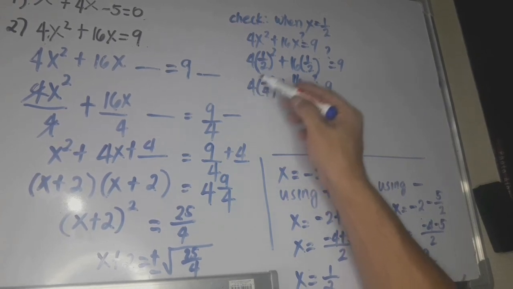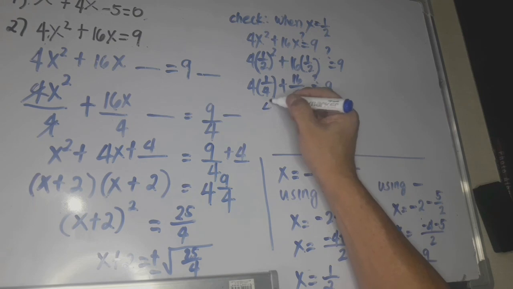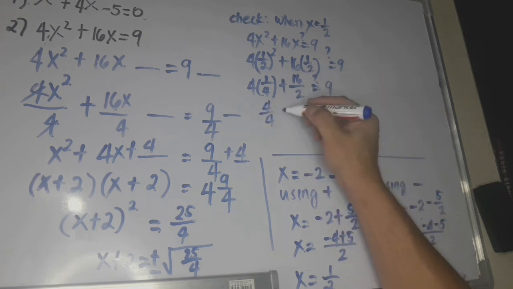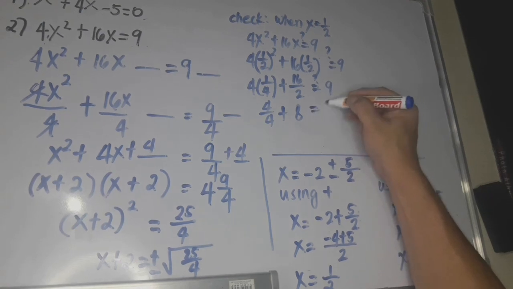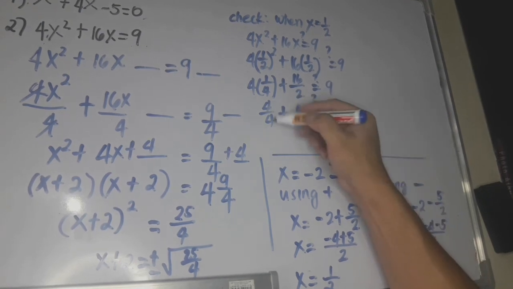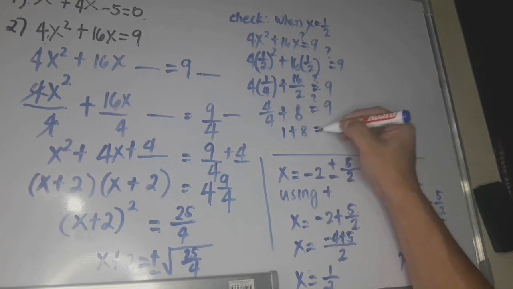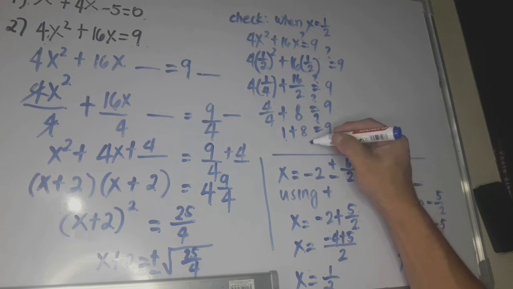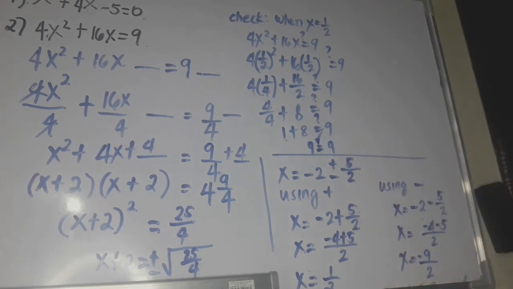So 4 times 1 is 4 over 4 plus 16 divided by 2 is 8 equals 9. 4 divided by 4 is 1 plus 8 equals 9. So 1 plus 8 is 9 equals 9, and this is correct.